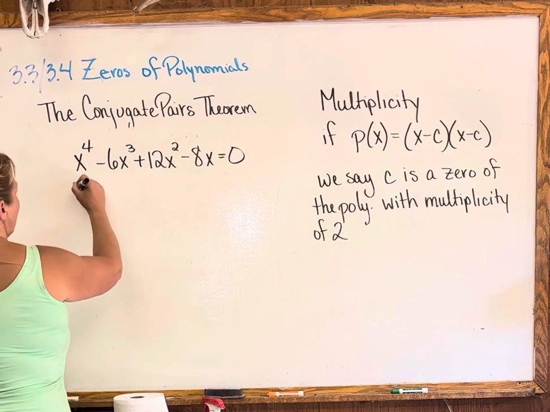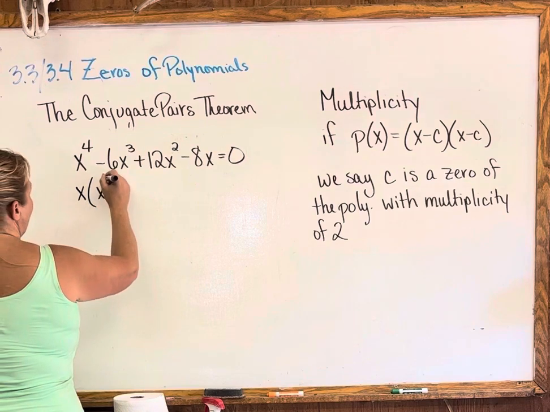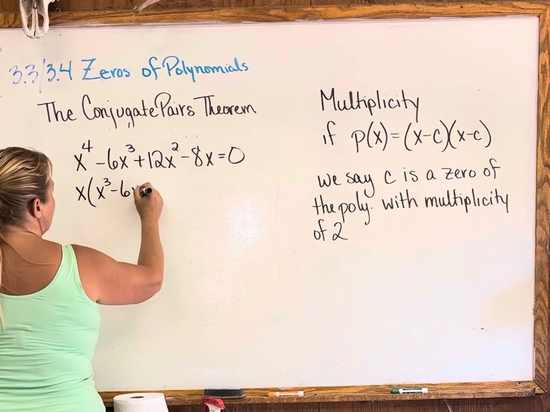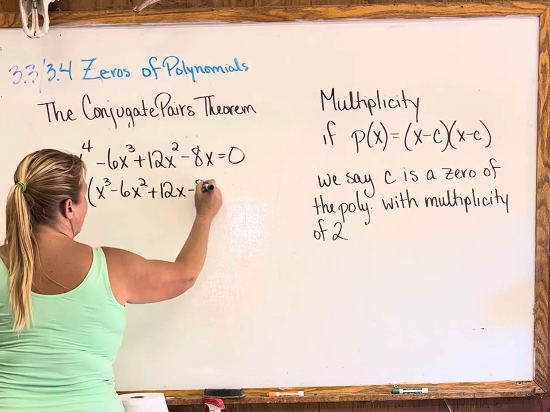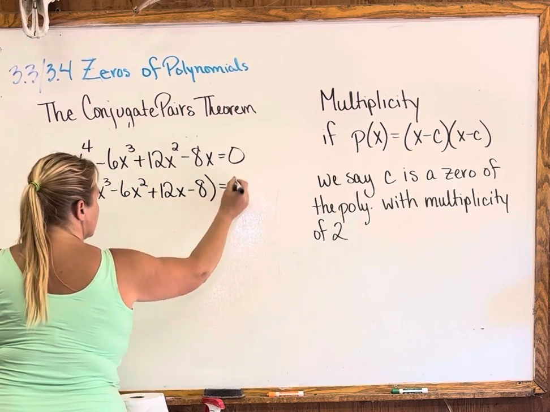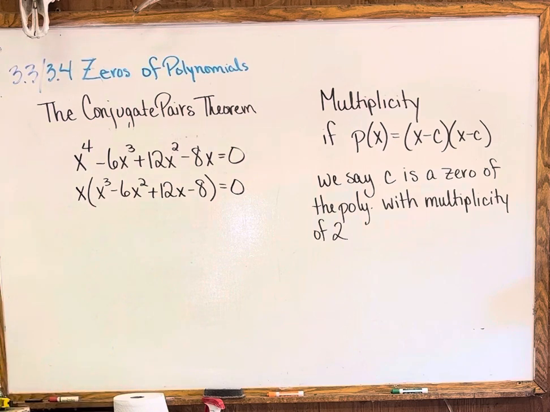So we pull an x out front, and we have x cubed minus 6x squared plus 12x minus 8. Now, if we're looking for zeros of the polynomial, we have one right there.